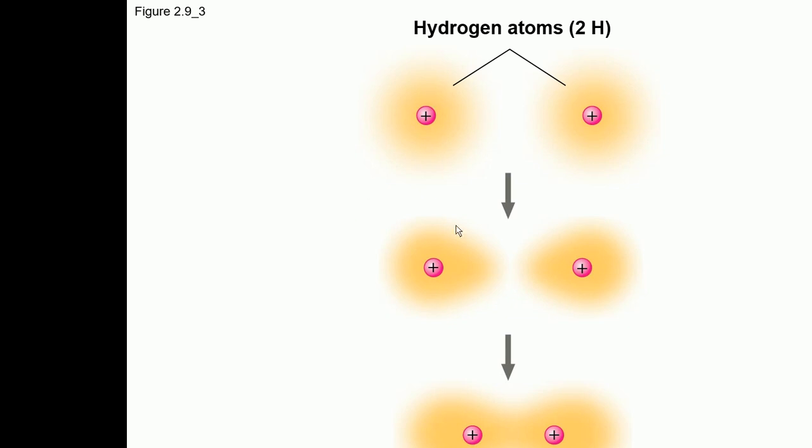So you can see that these two atoms are coming close to each other and sharing the electron cloud. This atom has one electron, this atom also has one electron. So they share the electron cloud. That results in the formation of a covalent bond between these two hydrogen atoms.